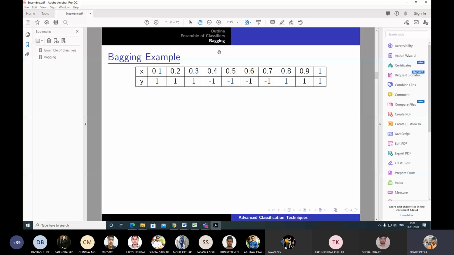That is called a decision stump, which essentially uses only the value of x. Say I say if the value of x is less than or equal to 3, it is a positive class, otherwise it is a negative class. So this is one decision stump.